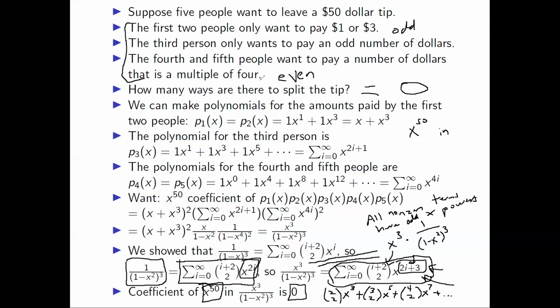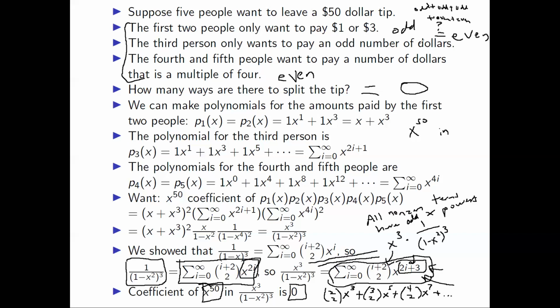So we were trying to find 3 odd numbers and 2 even numbers that add up to 50. We were trying to get odd plus odd plus odd, plus even plus even. And we wanted that to equal 50, which is even.